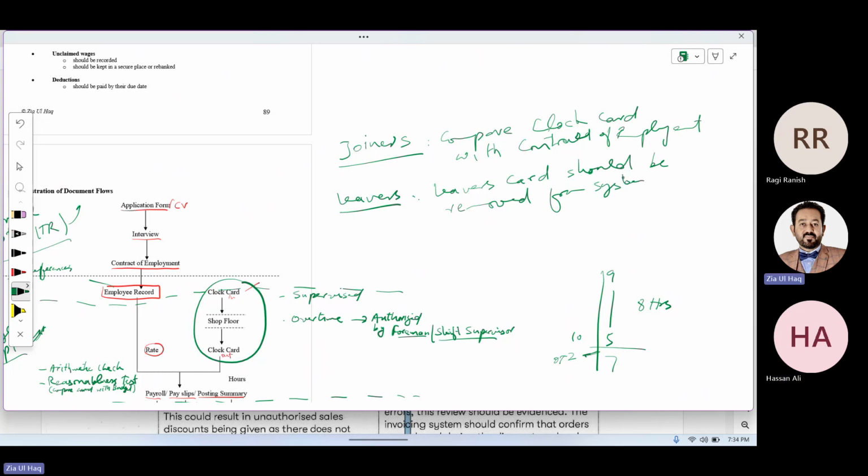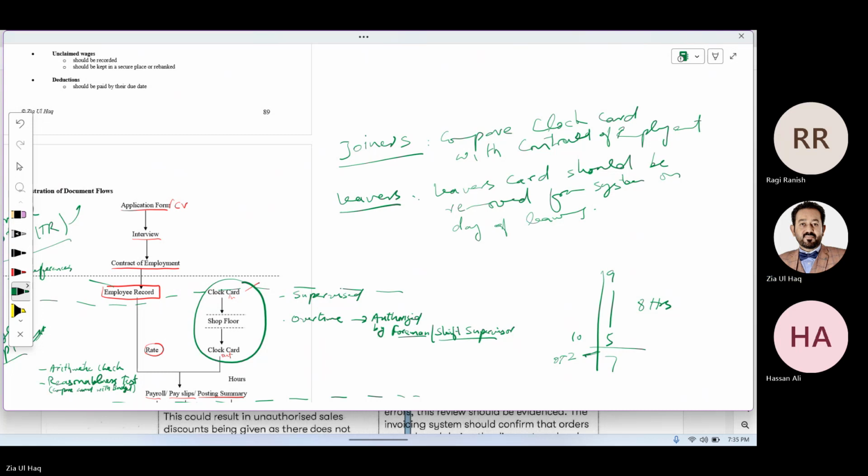Their record should be removed from the system on the day of leaving, so that after leaving their hours should not be recorded. The day the employee has left, we need to remove him from the system and deactivate his access card.